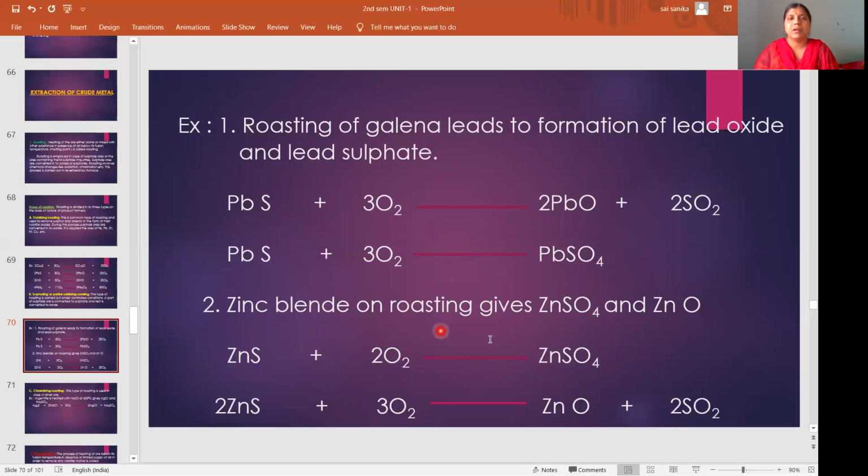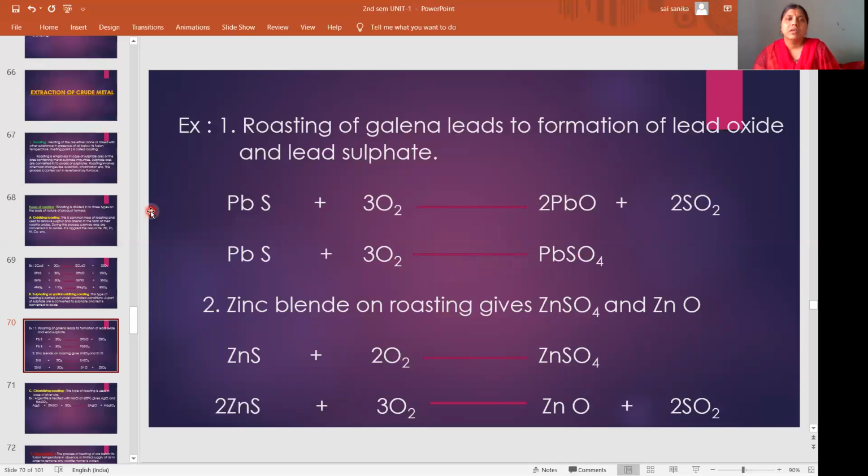Similarly, zinc blende on roasting gives zinc sulfate and zinc oxide. ZnS plus O2 gives rise to ZnSO4. ZnS plus O2 gives rise to ZnO plus SO2. So here, in sulfating roasting, some of the sulfide ore is converting into sulfate ore. This is the sulfate ore. And some of the sulfide ore, zinc sulfide, is converting into zinc oxide.